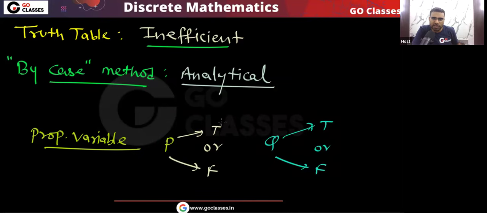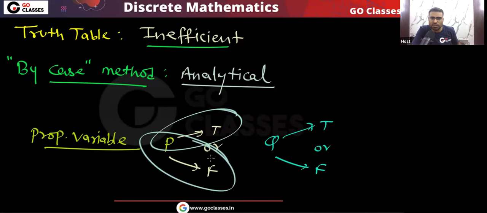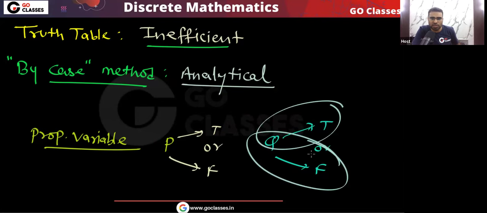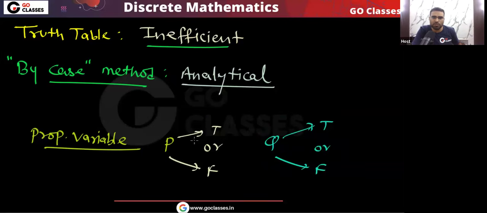So if we consider p true and p false, these two cases, then we are covering each and every possibility. Similarly, if we consider q true and q false, then we are covering all the possibilities. I hope this point is clear.